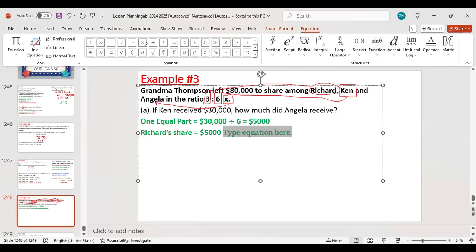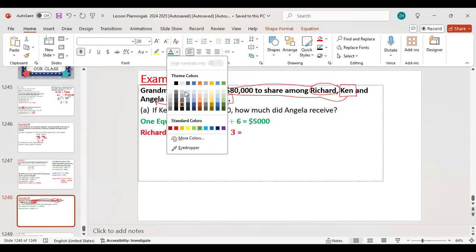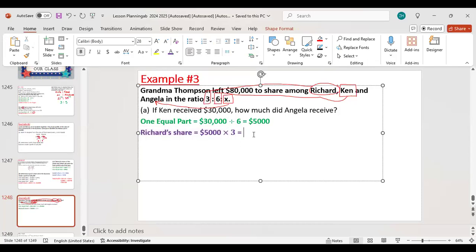I look at the ratio and I see Richard is 3, so 5,000 times 3. Half of 6 is 3 and half of 30 is 15. So 5,000 multiplied by 3 is 15,000. Very good.